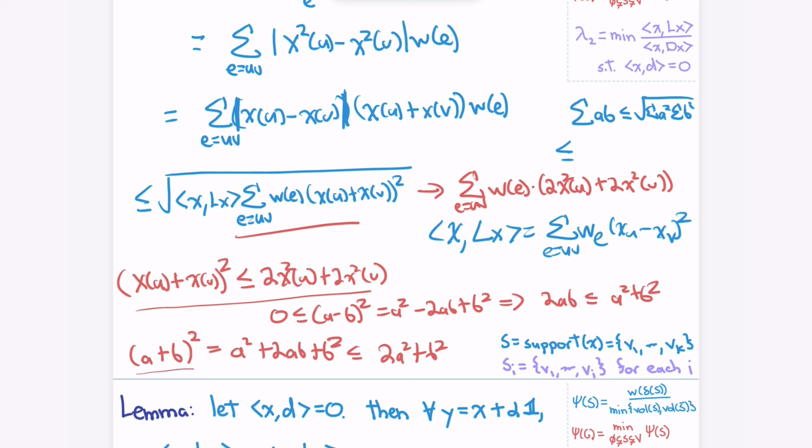This is equal. And then this implies that 2ab is at most a squared plus b squared. So there's a 2 here that I didn't write.